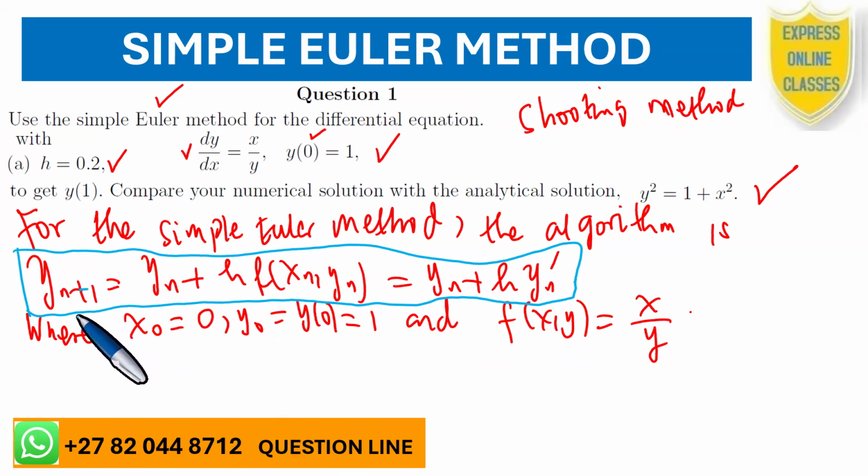Y sub n plus 1. We use this when we do the shooting method, but also we use it when we are just studying the simple Euler by itself, as an art in itself. This is the formula, so we use it to solve problems.